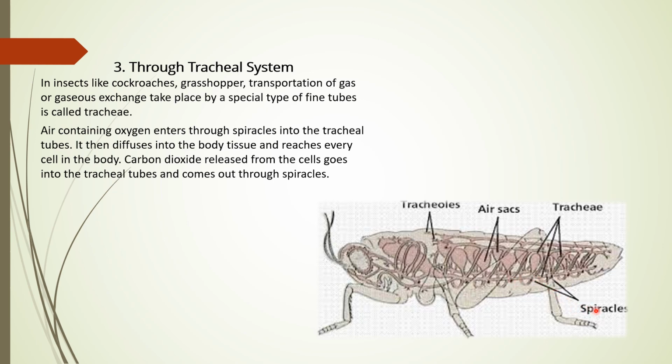So basically diffusion of the oxygen and carbon dioxide takes place in cockroaches and grasshoppers through these spiracles. Now it may be asked in your exam through options also, where if spiracles is given, you tick on spiracles. If tracheal system is given, you can tick on the tracheal system also. Both the answers are correct.